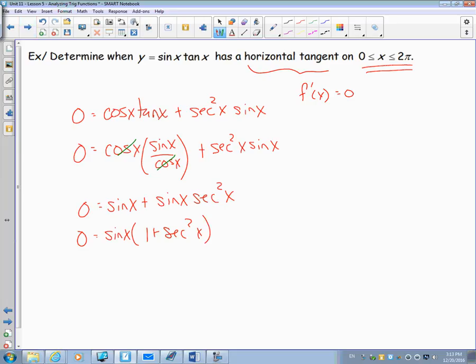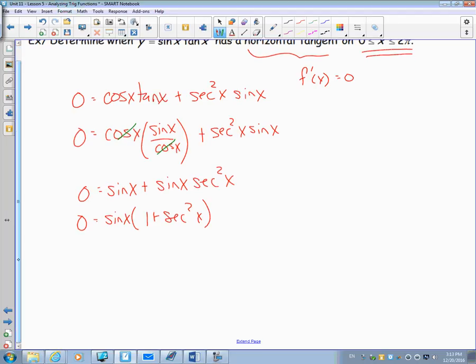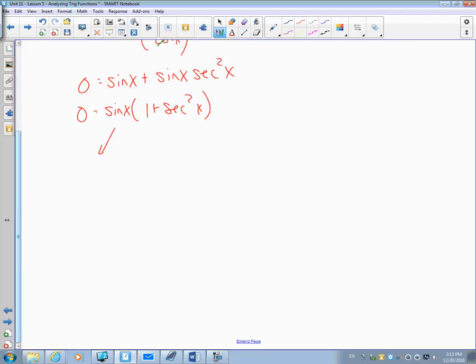How do I solve it? Well, I make my two parts equal 0. Either sine x has to equal 0, or 1 plus secant squared has to equal 0. Now if we try solving this and square rooting it, we can't square root negative 1, so this part has no solution.